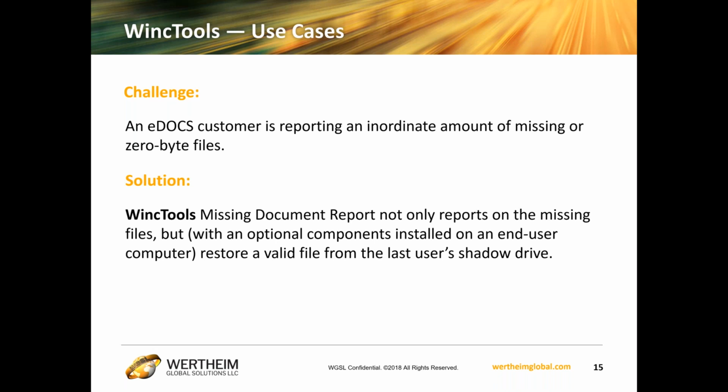We not only have the ability to report on what those missing documents and 0-byte document files are, but there's an optional component we provide with Wing Tools that would have Wing Tools search the shadow drive of any user who has touched the document, from the last person who touched it to the person before that, to see if it can find the document on somebody's shadow drive to restore it back to its original proper state.